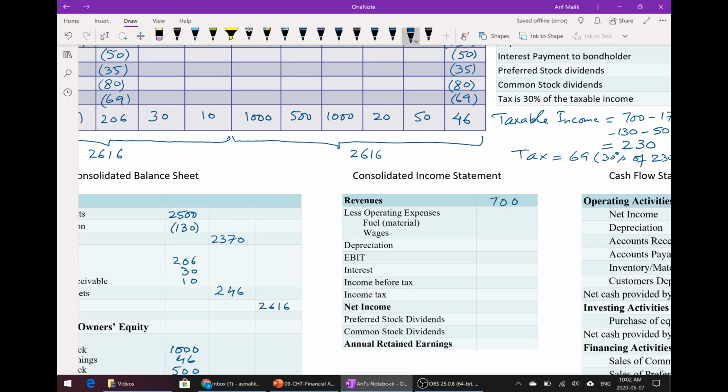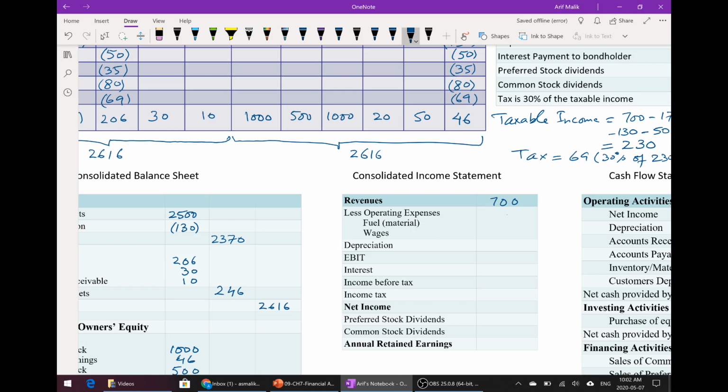Please note again that we only got 690 in cash, but as we have done expenditures to generate the revenues of 700, even though we have not got it, it will be recognized in the income statement. So 700 is revenue.